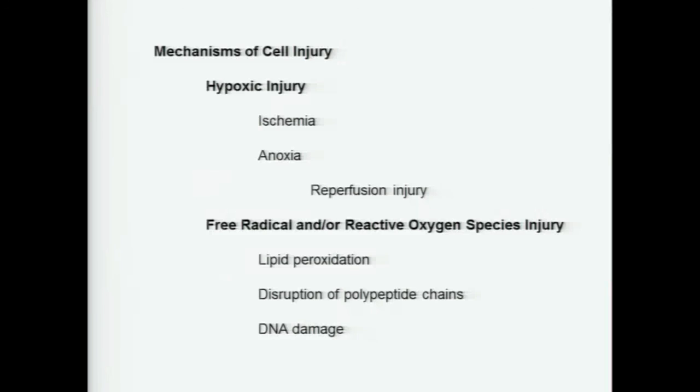And an obstruction of blood flow often precedes what's called tissue infarction. Tissue infarction is the death of tissue, usually as a result of some cessation of blood flow to the area.